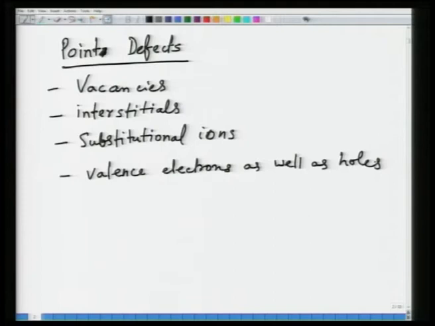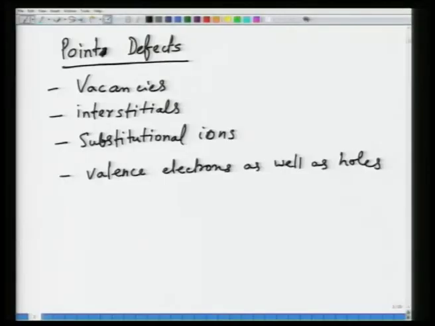So, all these make point defects which are interesting from the point of view of property determination in these solids. Point defects in metals tend to be electrically neutral, simply because you have only one kind of atom present there, whereas in ceramics, which are typically ionic materials, these tend to be electrically charged.